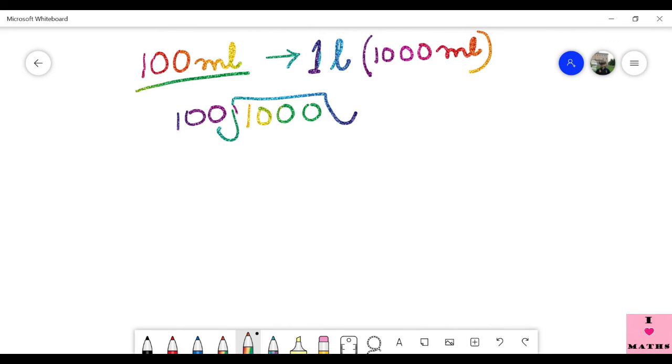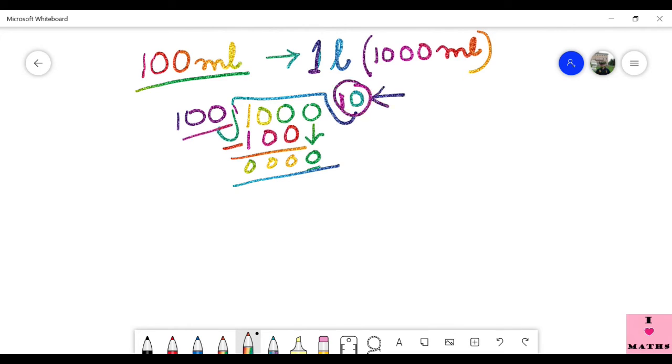Now we all know the table of 100. 100 ones is 100. 100 minus 100 is 0. Copy 0. It does not come in the table of 100, so we put a 0 in the quotient. So children, we need 10 bottles of 100 milliliter each to fill up 1 liter bottle or 1000 milliliter bottle.